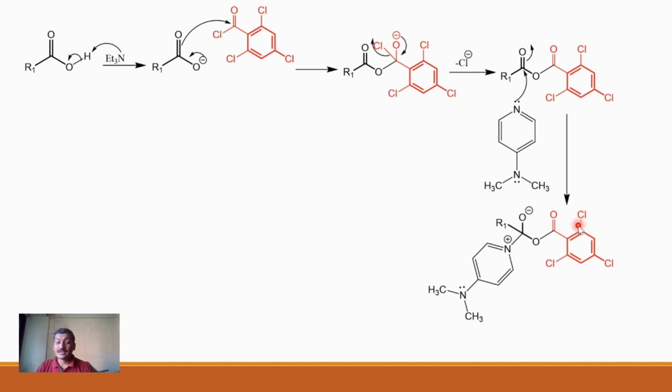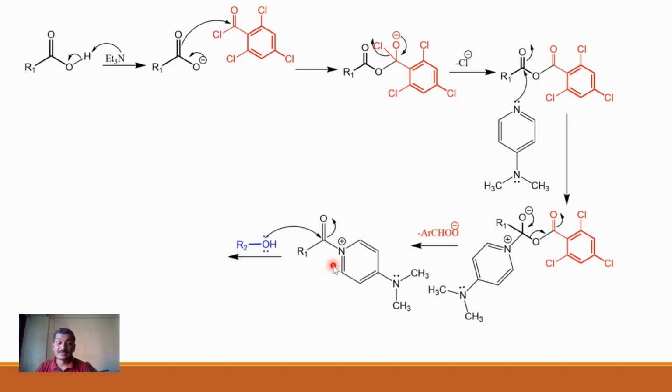Then the oxyanion shifts here, the carbon-oxygen bond breaks and the carbon-oxygen pi bond shifts here, and you get the carboxylate ion and the amide derivative.